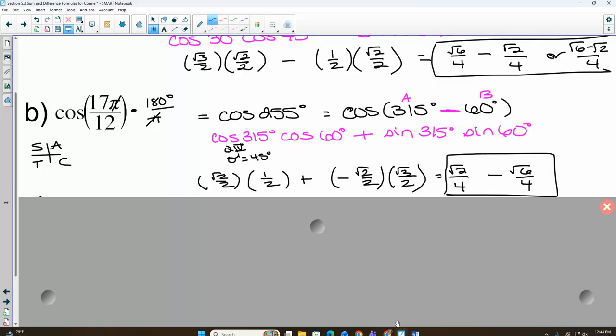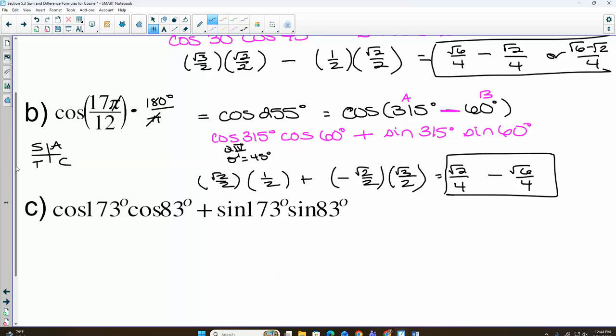On my hand trick, we only had 1/2, radical 2 over 2 and radical 3 over 2. So we're using combinations of those things. All right, questions on that one? What if I give you this one?